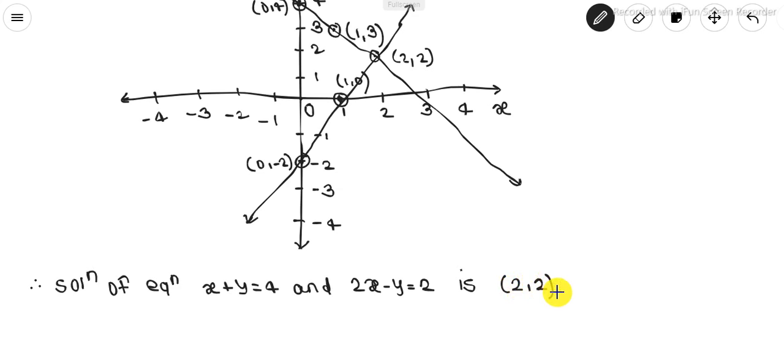Now we solve practice set 1.2 in the next lecture.